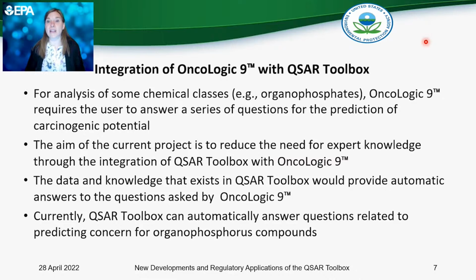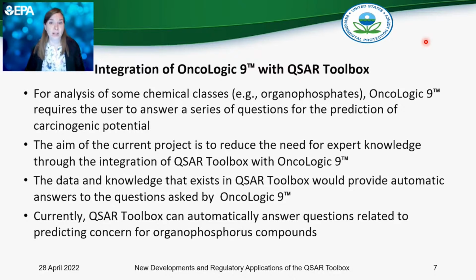An example of this class of compounds that needs biological input for Oncologic to predict the concern level are the organophosphates. And the organophosphates are of concern because they are a diverse structural class that we know can have a wide range of carcinogenic potentials, depending on the specific compound of interest.